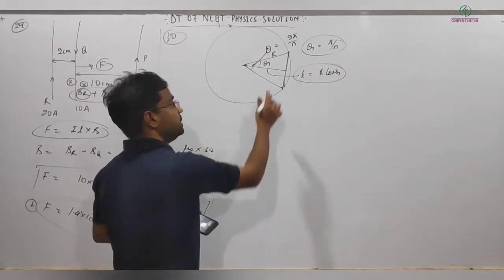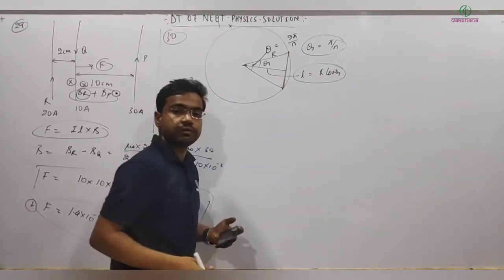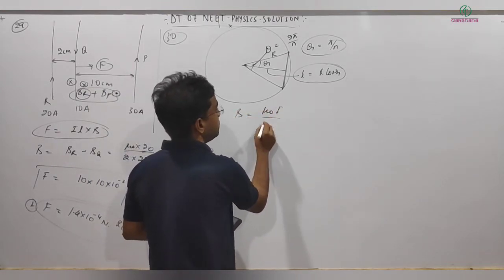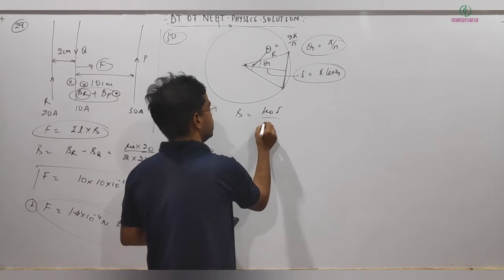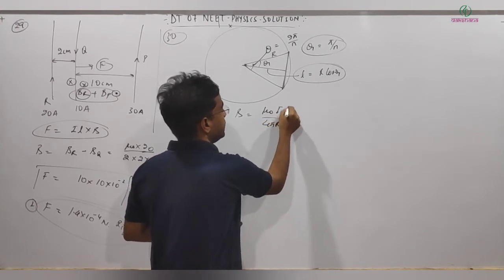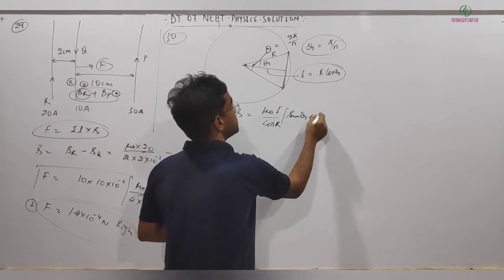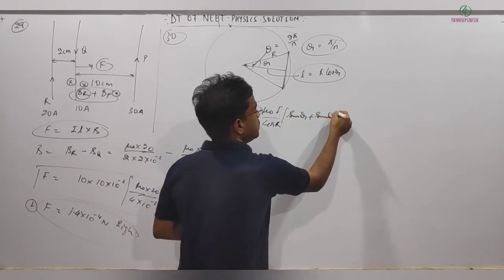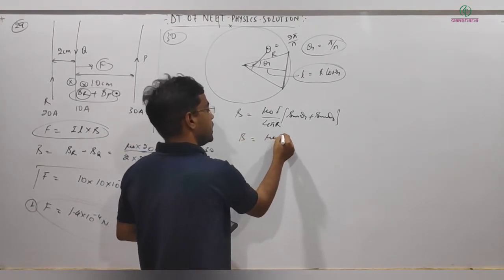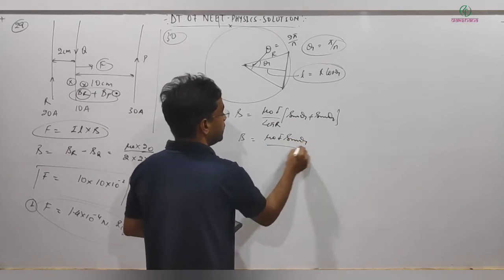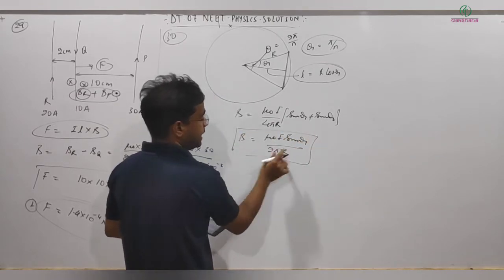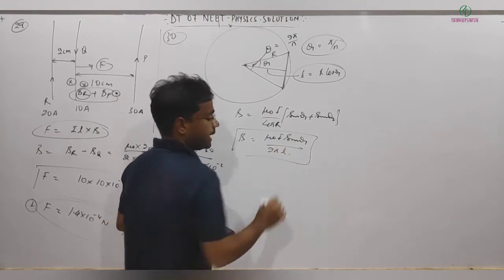And B due to this, I know this is a finite wire, so B is given by mu naught into I divided by 4 pi r into sine theta 1 plus sine theta 2, and both are equal, so we can write B is equal to mu naught into I sine theta 1 divided by 2 pi r. And r should be here equal to L.